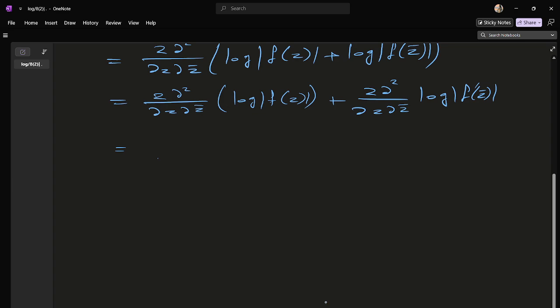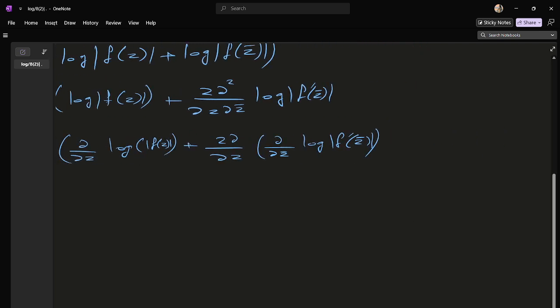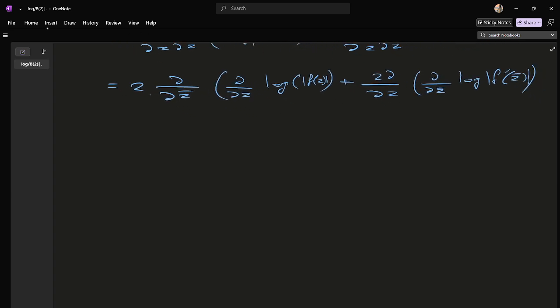So now we have 2 and 2 del z bar here, and it will be del z of this. This happens here because we know that del square f by del z del z bar is equal to del square f by del z bar del z. We are using this, so we get this.